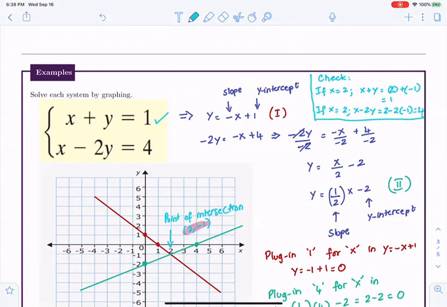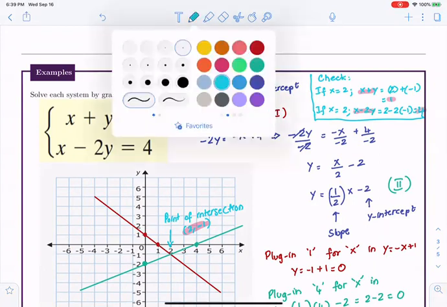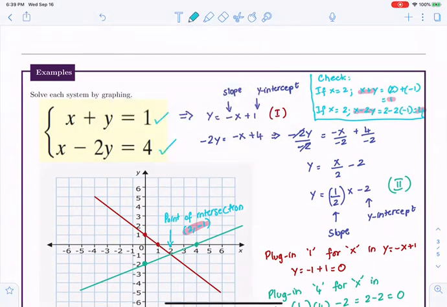So when I plug in 2, -1, I end up getting x plus y equals 1, which satisfies the first equation. x minus 2y equals 4, which satisfies the second equation. So we have the correct solution for the system.